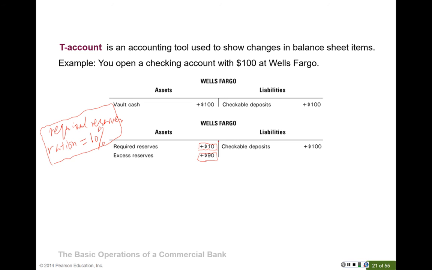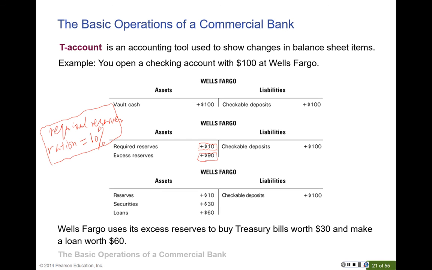So what is the Wells Fargo going to do with this $90 assets reserve? Let's see what happened next. The Wells Fargo actually uses $30 to invest into the security. If you can recall, the security held by bank includes the treasury securities or municipal bonds.